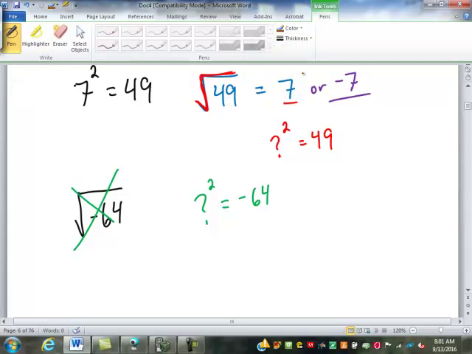The result is always positive, because any number times itself will be positive. A positive times a positive is positive. A negative times a negative is positive. So there is absolutely no number that we can square to get a negative number. So if we try to take a square root of a negative, your calculator will tell you error. It'll say you can't do it.